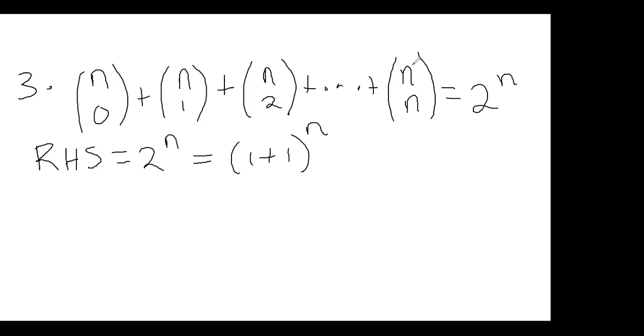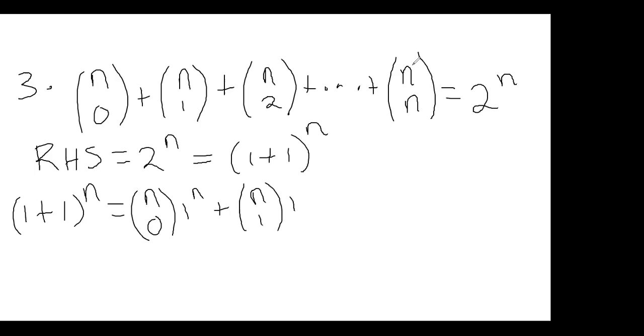And then using the binomial theorem, we can take one of the ones as A, the other one as B. So we are simply saying that 1 plus 1 to the power n is equal to n choose 0, 1 to the power n, plus n choose 1, 1 to the power n minus 1, times 1, plus n choose 2, 1 to the power n minus 2, times 1 to the power 2.